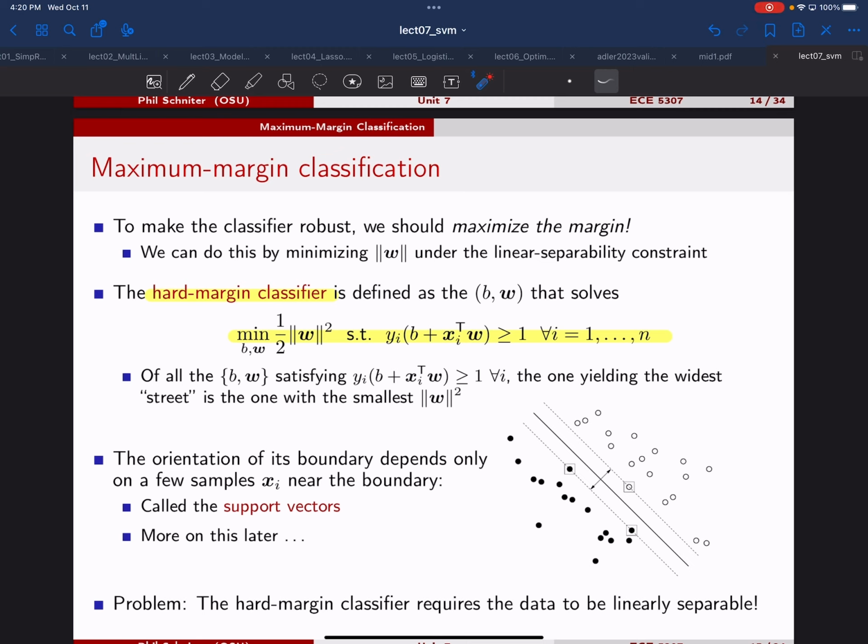We have some optimization problem. As you can see, we're minimizing a convex loss in W subject to an inequality constraint, or actually n different inequality constraints. So this is stuff we talked about at the end of Unit 6. We talked about convex optimization, constrained optimization, equality constrained, inequality constrained. So here we're kind of seeing it come to fruition.